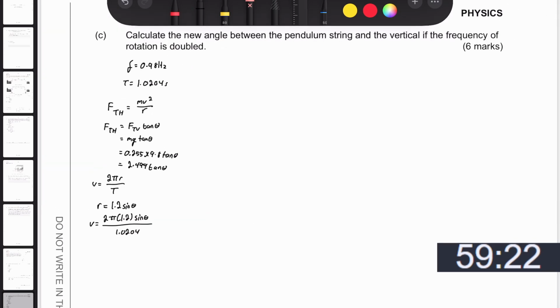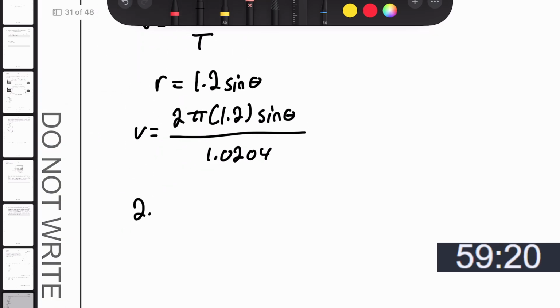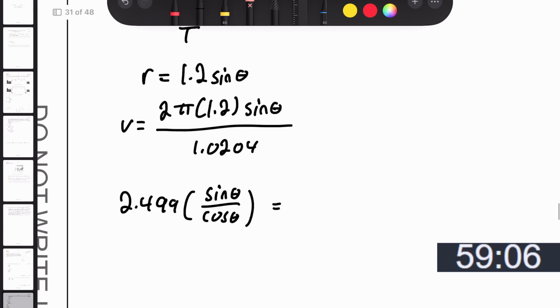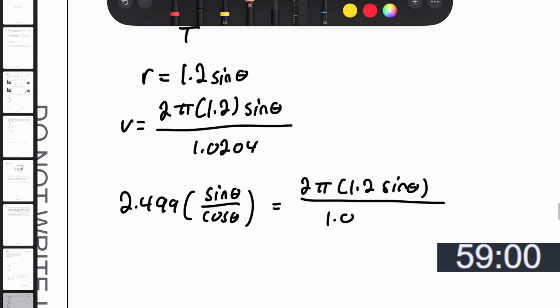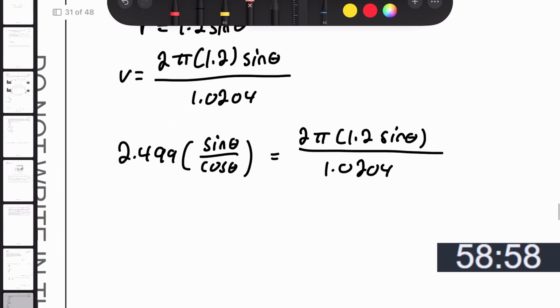So then summing this all in, 2.499 tangent of theta. I think I'm going to write tangent of theta as sine of theta on cosine of theta. It's equal to 2 pi times 1.2 sine of theta over 1.0204. So I can divide by sine of theta.